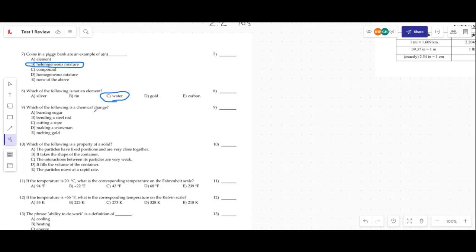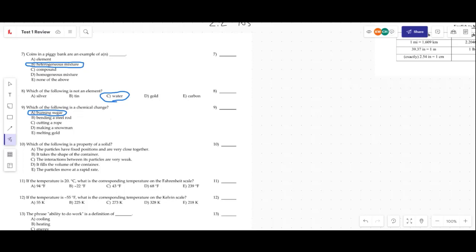Now, chemical change. It says, which of the following is a chemical change? It's definitely A, burning sugar. A common mistake that students make is that phase changes are not chemical changes.